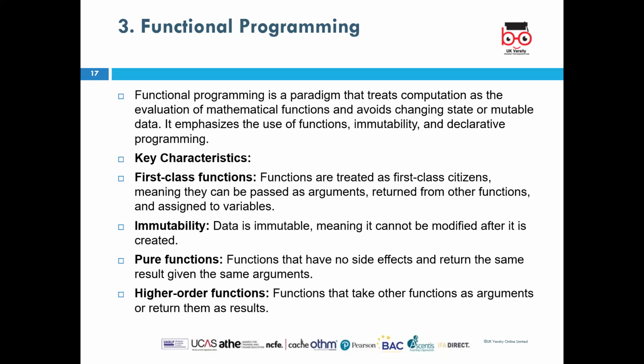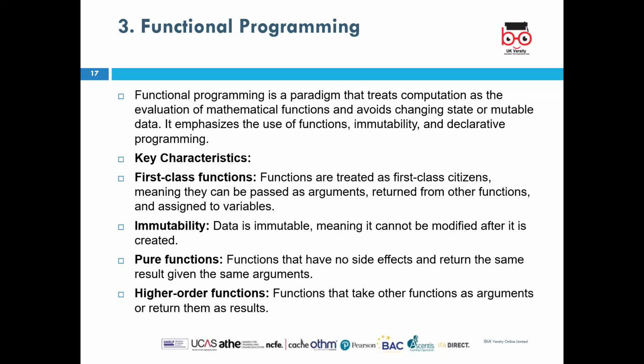What are the main key characteristics? It has first-class functions, which are treated as first-class citizens, meaning that they can be passed as arguments, they can be returned from other functions, and they can also be assigned to variables.